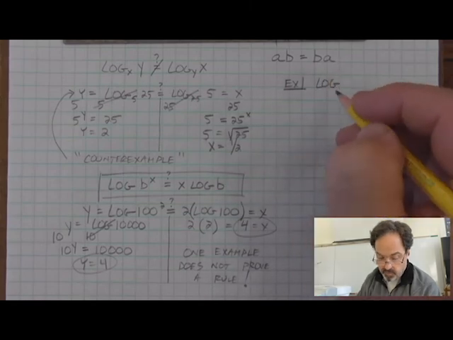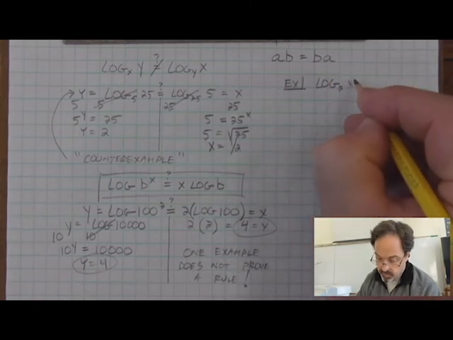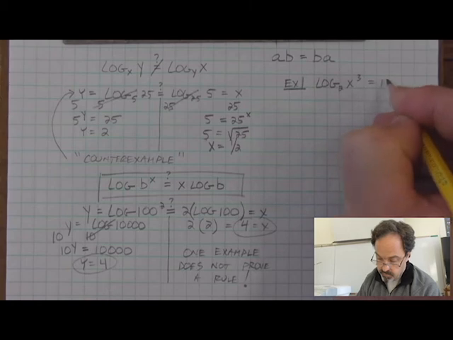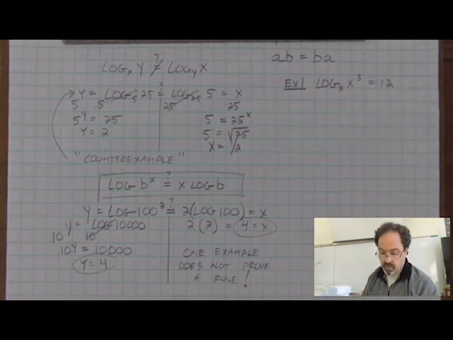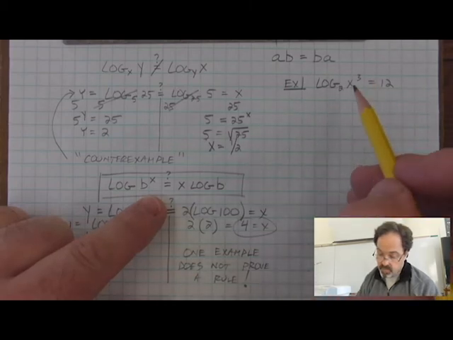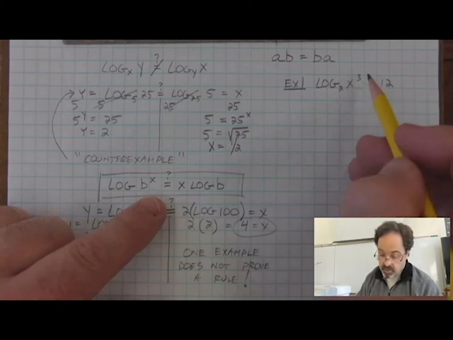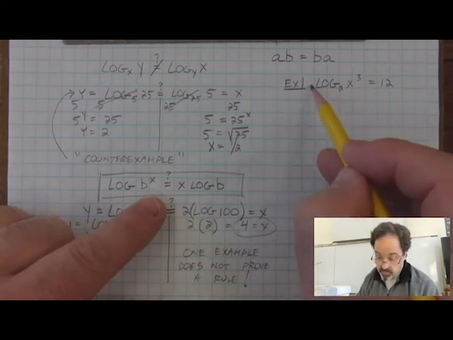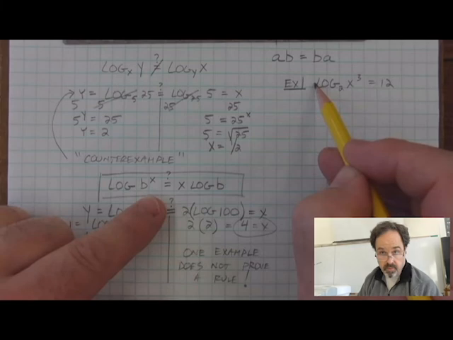What if we had the equation log base 2 of x to the third is equal to 12? Well, because this is a property of logs, it means that this third power of what I'm taking the log of can be moved in front and multiply the log.